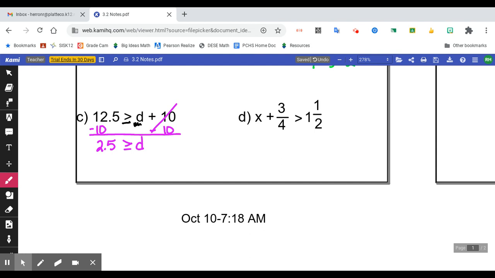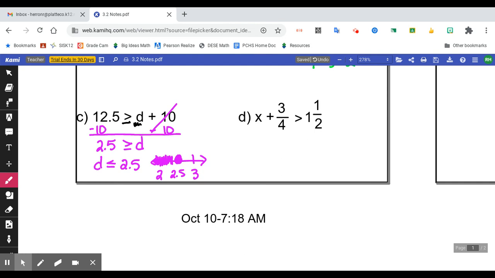Here comes D. If you want to rewrite it, you would have D is less than or equal to 2.5. Decimals, so we can count however you want. I'm going to do halves this time. So 2, 2.5, 3. It's a closed circle because it's equal to, and less than means we're going to the left.